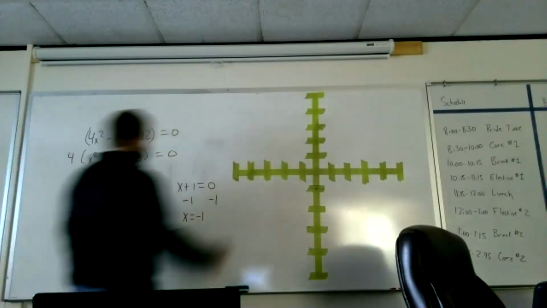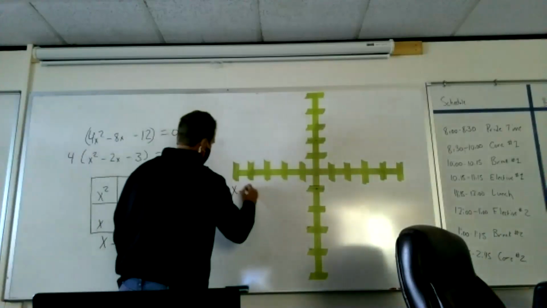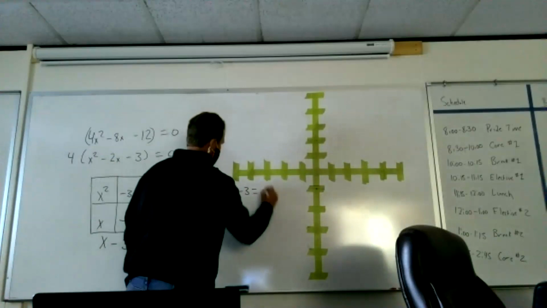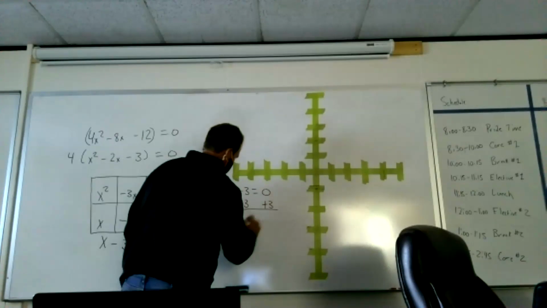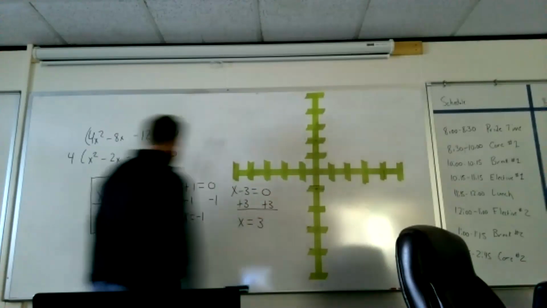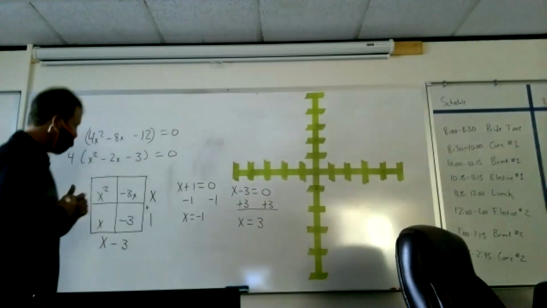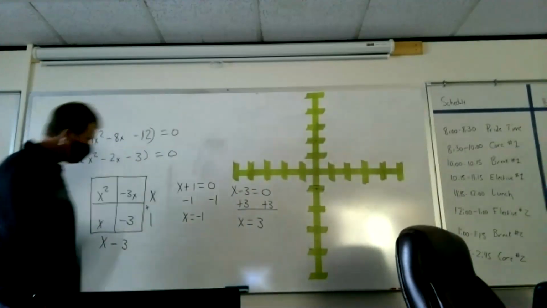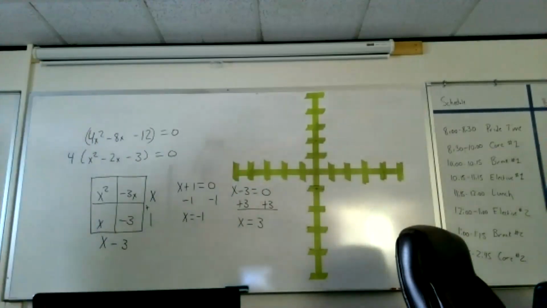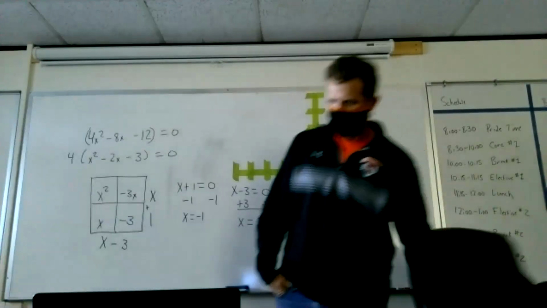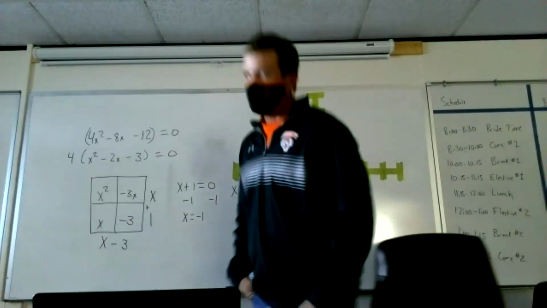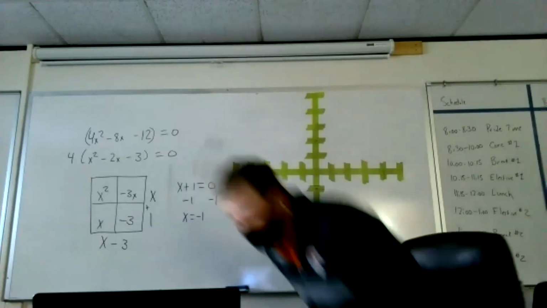And I have x minus 3 as my other binomial term. If I set it equal to 0 and isolate the variable by adding 3 to both sides, I am left with x is equal to 3 and x is equal to negative 1, which should correspond to letter B of your multiple choice questions.